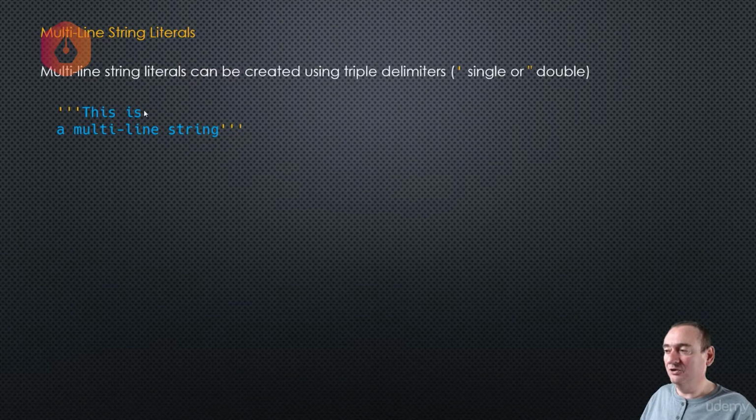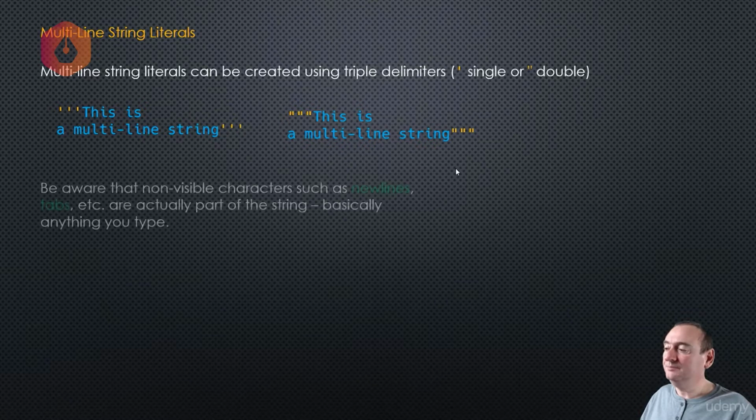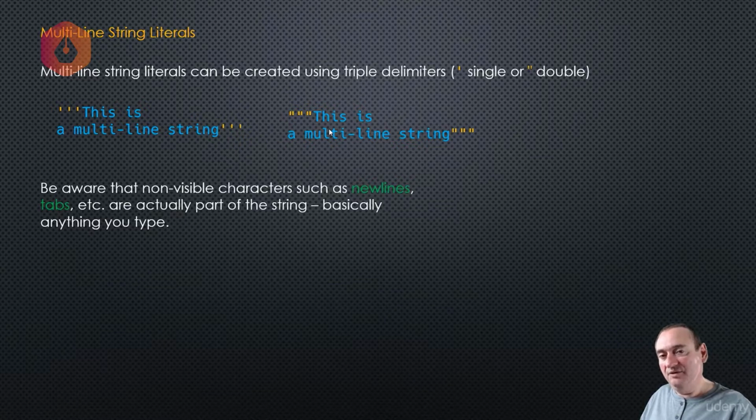We hit the enter key here, and a multi-line string continues, and then we end the string. You can do the same thing using double quotes, whatever you want to use. Now, you have to be aware that this works a little differently than the implicit continuation we had with lists, where it was stripping out the newline character. Here, Python is not going to strip out the newline character.